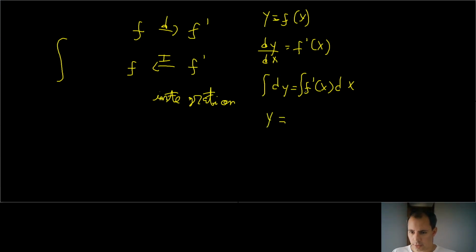And here you have the integration of f prime of x dx. What is this dx in here? It's not just a dummy variable. It's an infinitely small amount of change in x. When you have a function, you have to differentiate it with respect to something, because some functions have two or more independent variables.